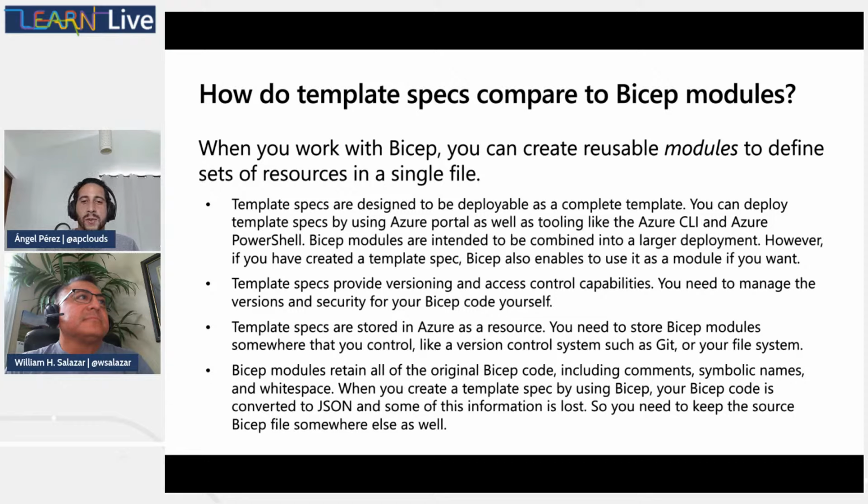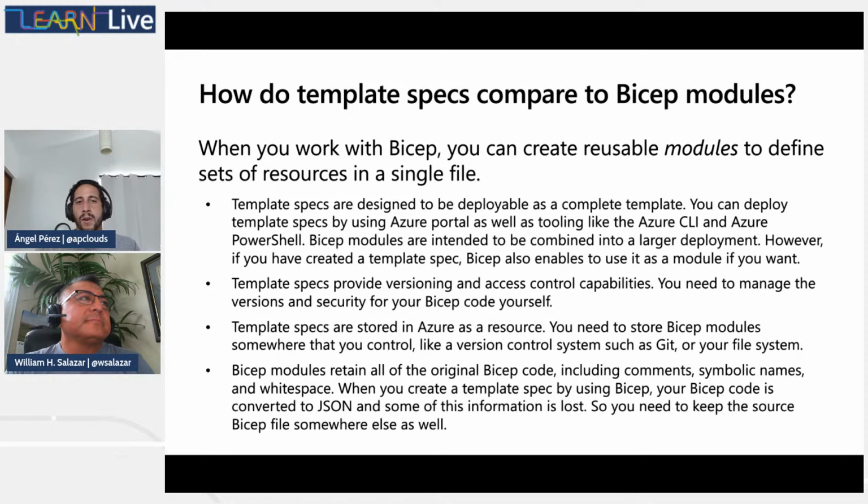So it's meant to be used that way, and the key distinction is that Bicep modules live somewhere you control. For example, source control would be one place, whereas template specs live in Azure. So in your Azure subscription, in some resource group or other scope, you have these template specs living there. So that's one thing to note. And also template specs are intended to be deployed.